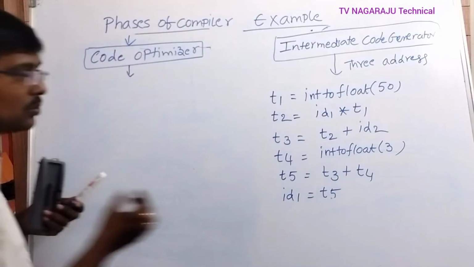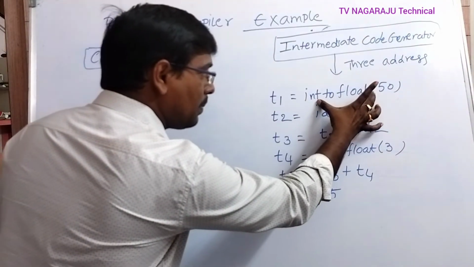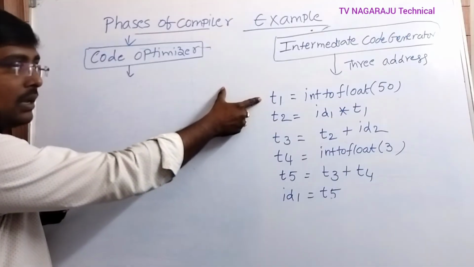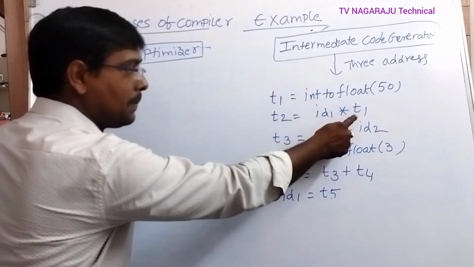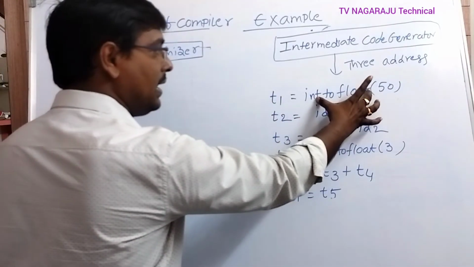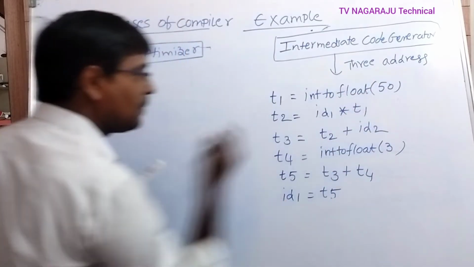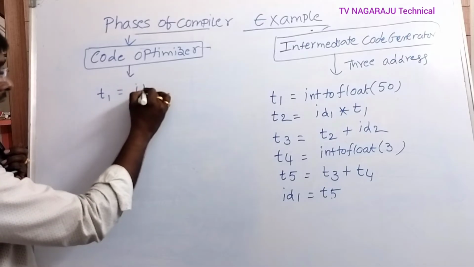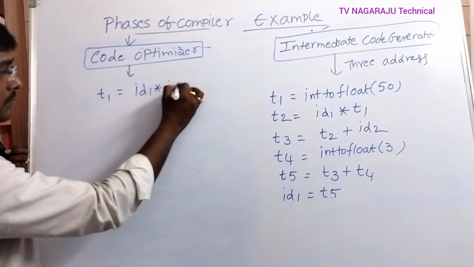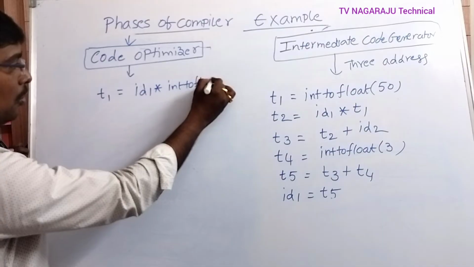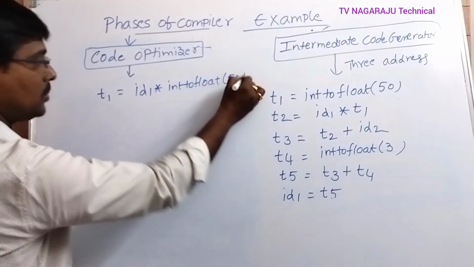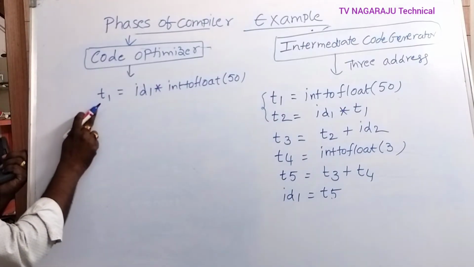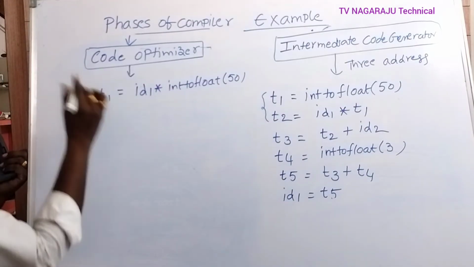What does this mean? Suppose first you perform this operation and the result is stored in t1, and t1 is multiplied here. Instead of that, directly write this statement here. That reduces one line: t1 is equal to id1 into inttofloat of 50. Now observe, these two statements are combined together as a single statement.